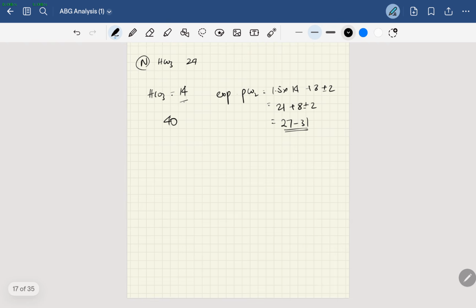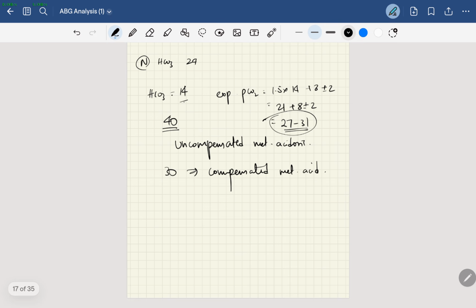We know that we need a low PCO2, but if we have a normal PCO2 of 40, that implies uncompensated metabolic acidosis. Suppose the patient's PCO2 was 30, then it would fall within this range of 27 to 31. That's when you can call it fully compensated metabolic acidosis.